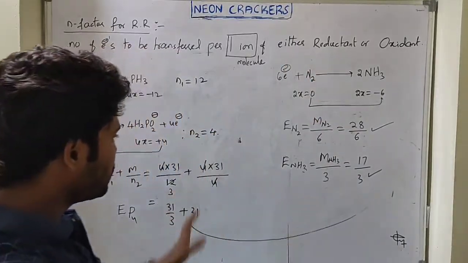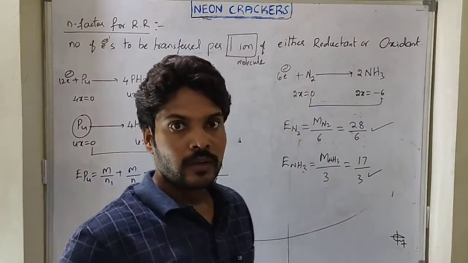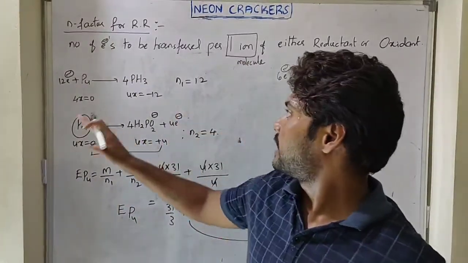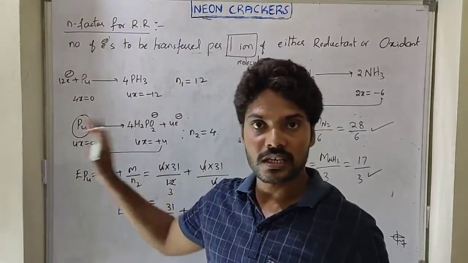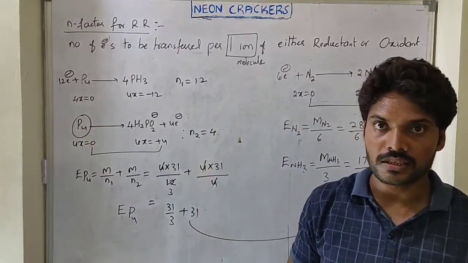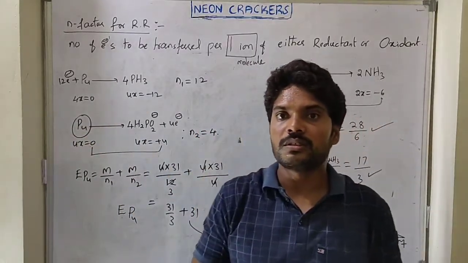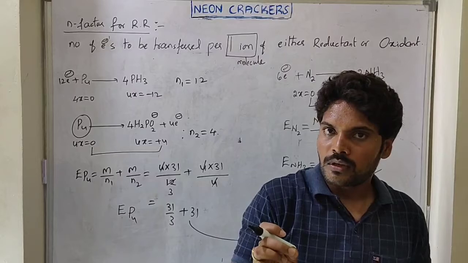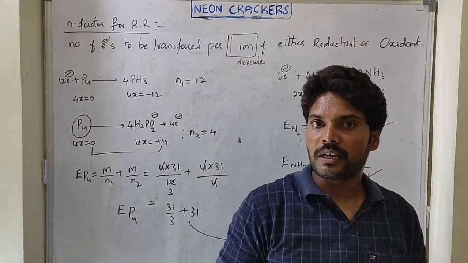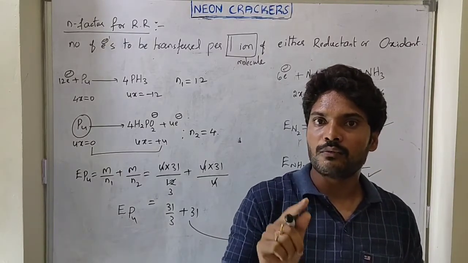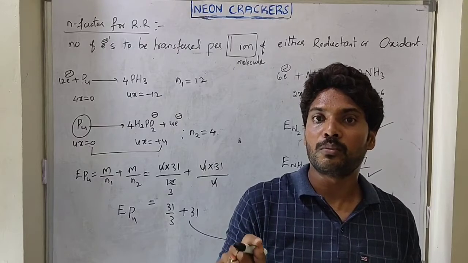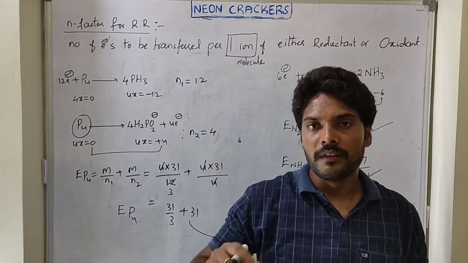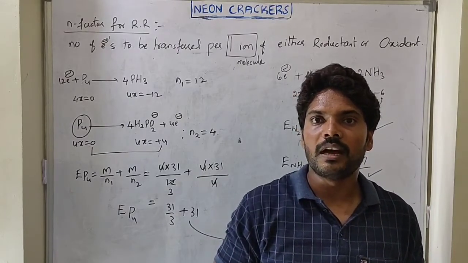So like this you have to find. First what we have to do is find out the individual reactions, half reactions, the reduction reaction as well as the oxidation reaction. What is the question about? If they are asking for the equivalent weight of a particular substance, per 1 mole of that substance, how many moles of electrons would be transferred? That will be the n factor for the given ion.